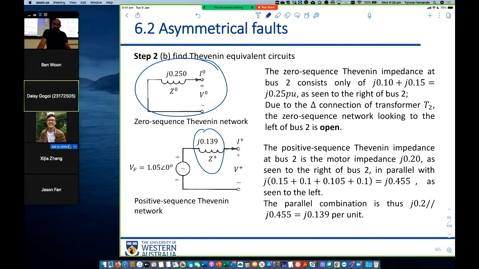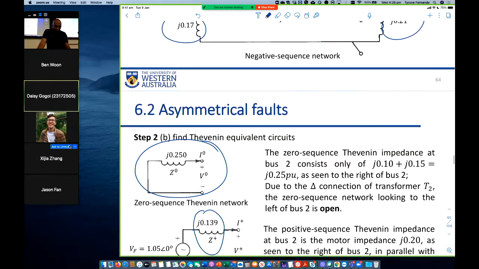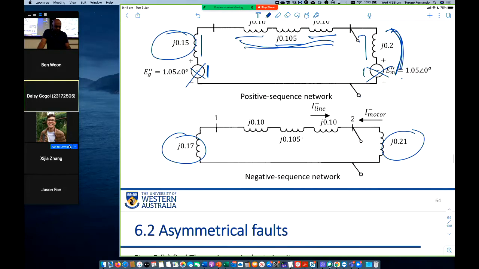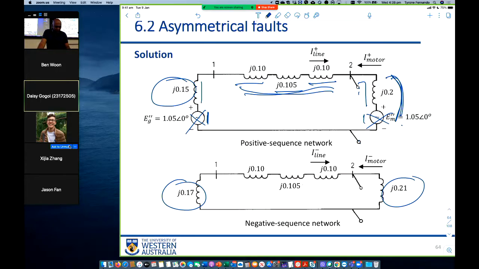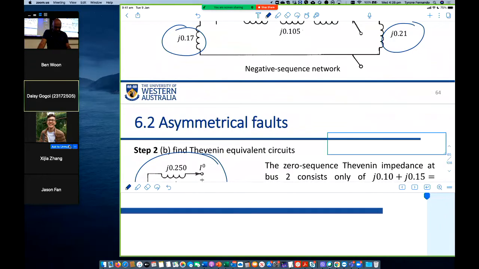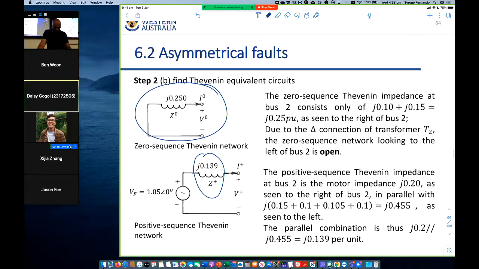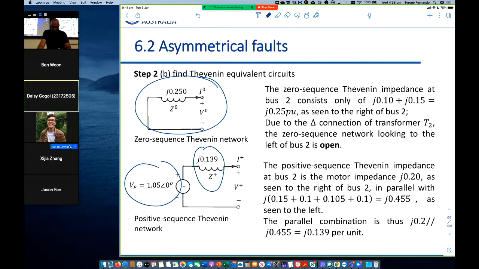Now, we said the pre-fault voltage here, we assume that no current flows, so the internal voltage of this motor appears here, across there. That's VF, which is 1.05 angle 0.